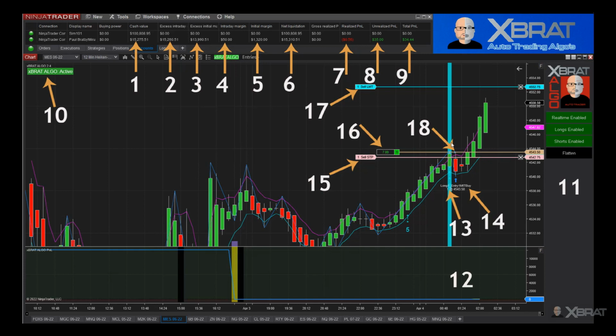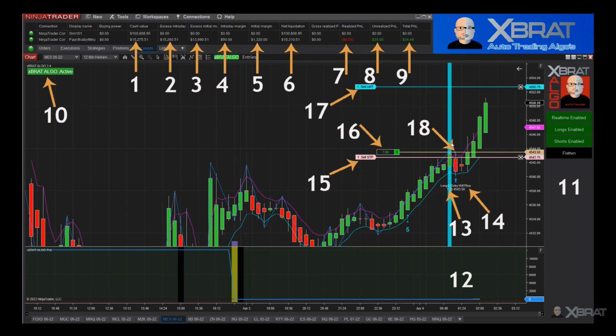So that's what we need per contract as a minimum in your account to maintain that position overnight. So you see the initial margin is significantly larger than that intraday margin requirement. So if we were to continue with this trade outside, they would put aside that $1,320 there.